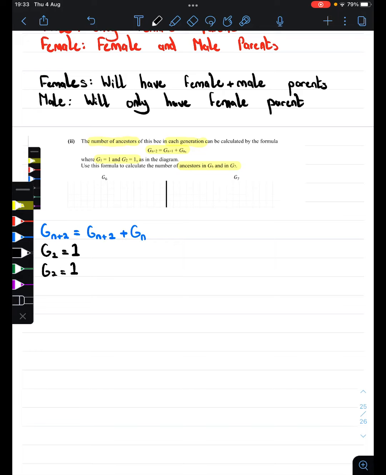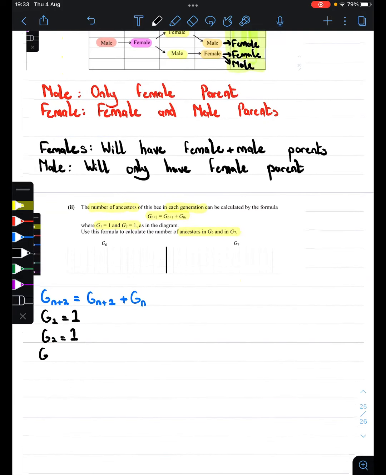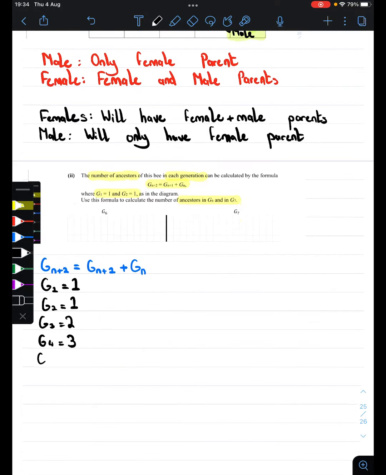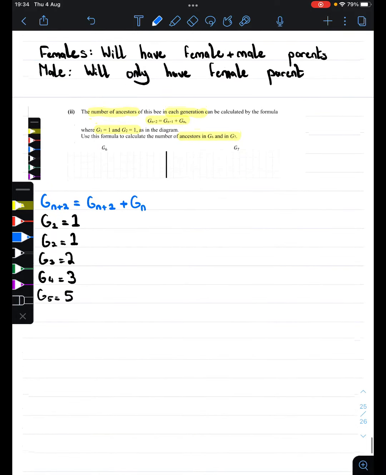We can just look at the diagram. G3 equals 2, G4 equals 3, and G5 equals 5.